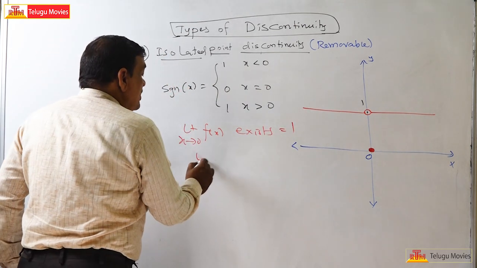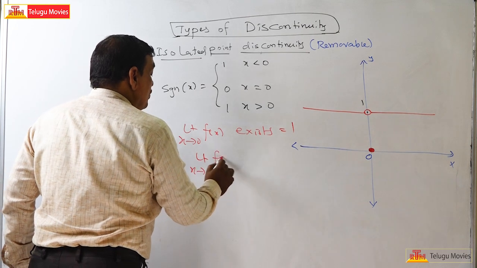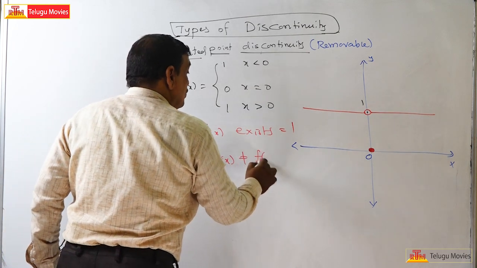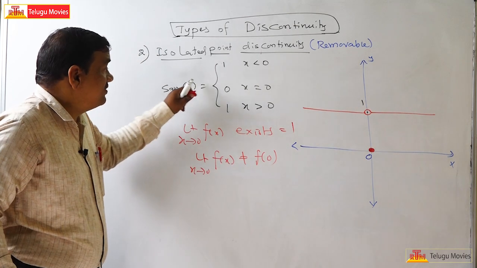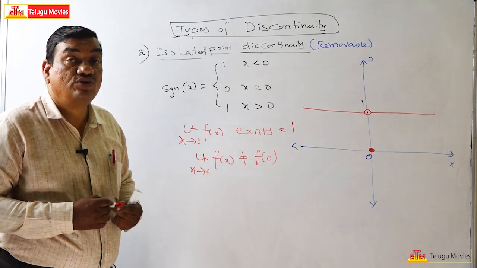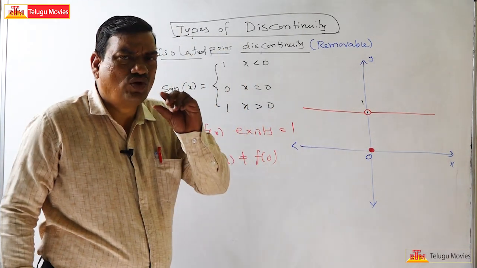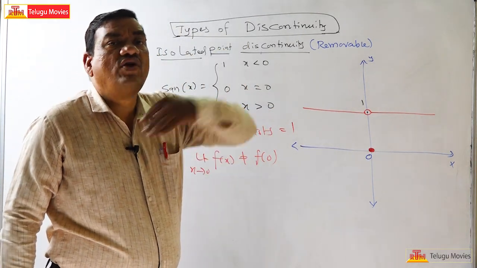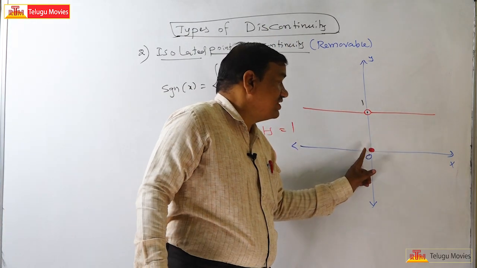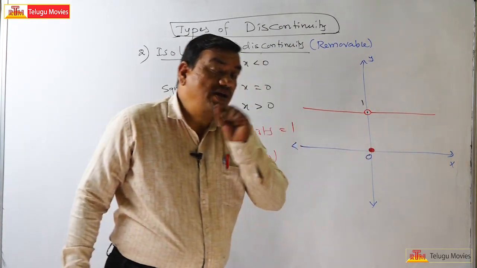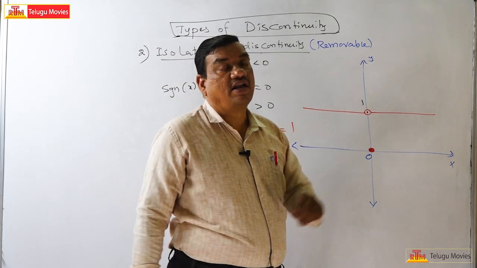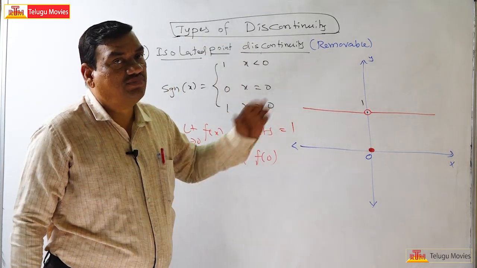But the limit as x tends to 0 of f of x is not equal to f of 0. Why? Because f of 0 is equal to 0. So this point is called an isolated point. It is the only point that is away from the main graph.